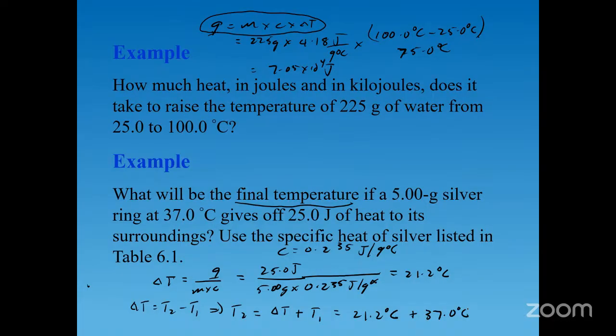So 21.2 plus 37.0 works out to be 58.1 degrees Celsius. And that's how you do that. All right? Any questions about this?